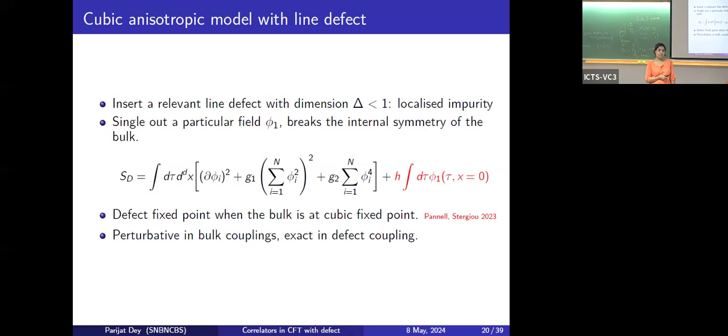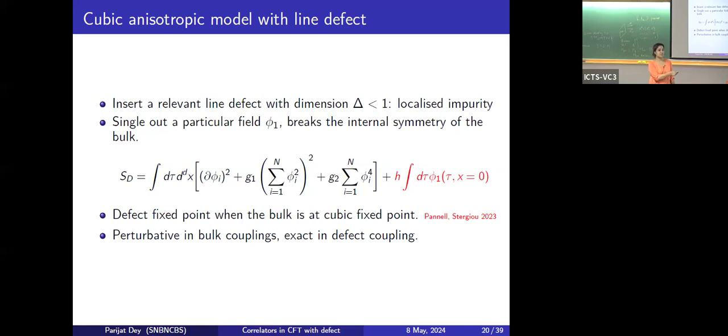It is also considered like a surface defect, like dt dx, tau dx, phi 1, phi 2. These kinds of things have also been studied by Giombi and others recently.